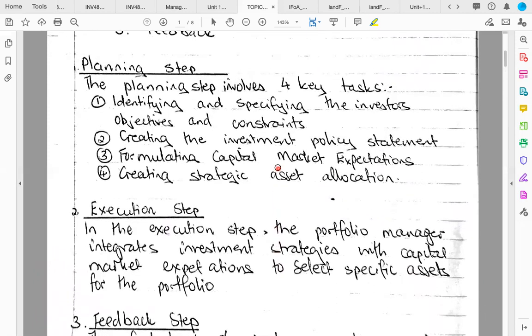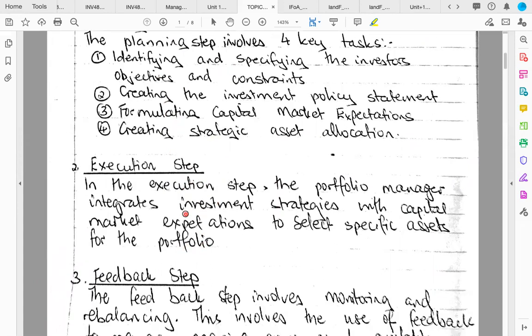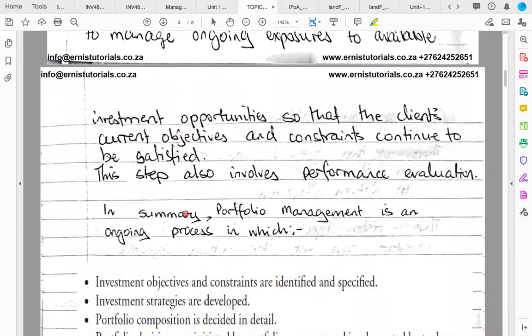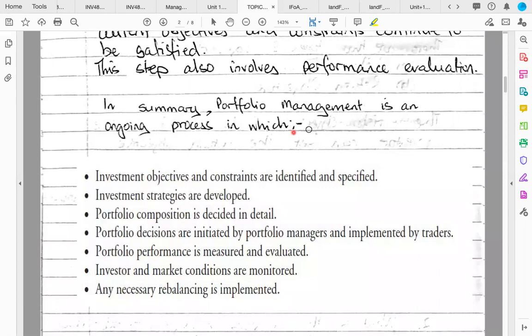So part of the planning step might be done by the individual or the institution, and then the later parts of the planning step and the execution and feedback might be done by the portfolio manager. But it's an integrated process, and we'll look at how it actually works. Okay. So in summary, given the three steps I've stated: planning, execution, and feedback.